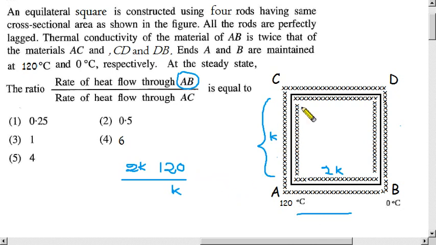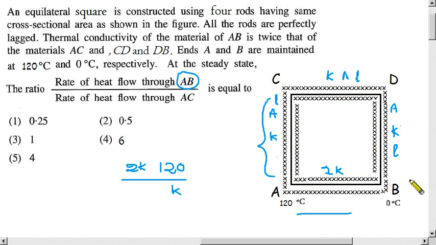The same way as in the previous problem, the K values are the same here and here. Also the cross-sectional areas are the same, and the lengths are also the same. Therefore we can divide this.